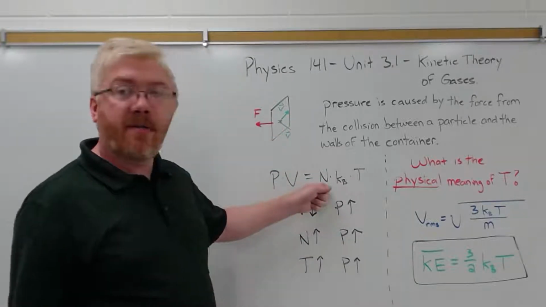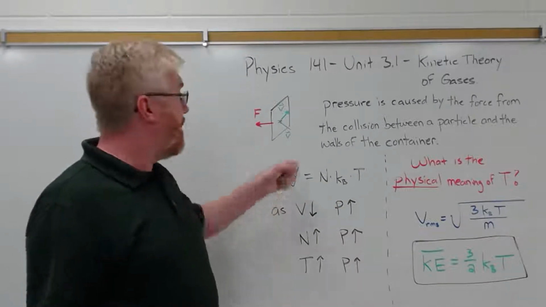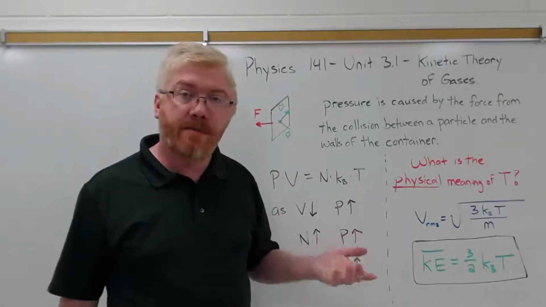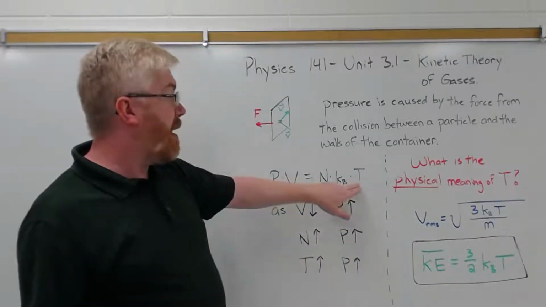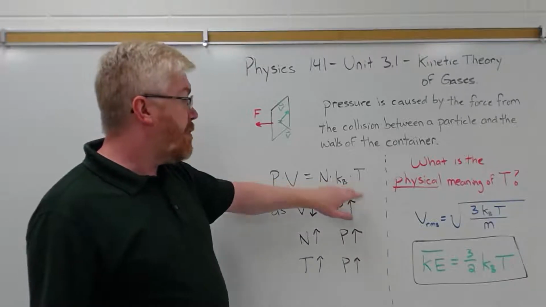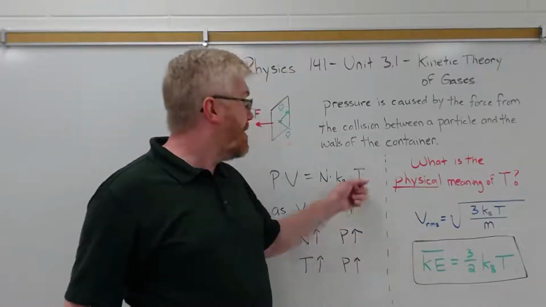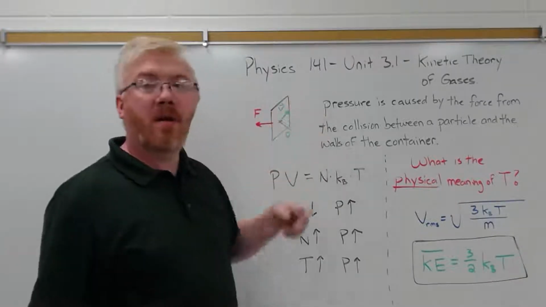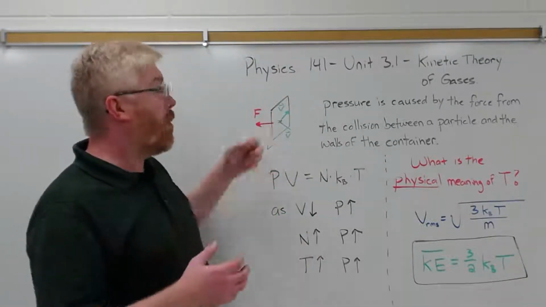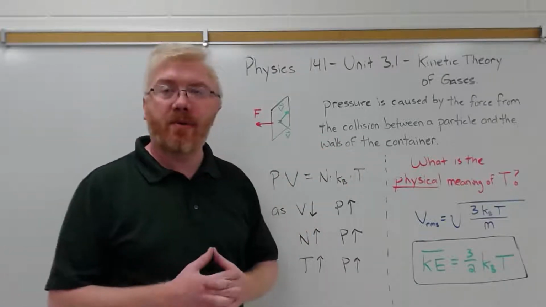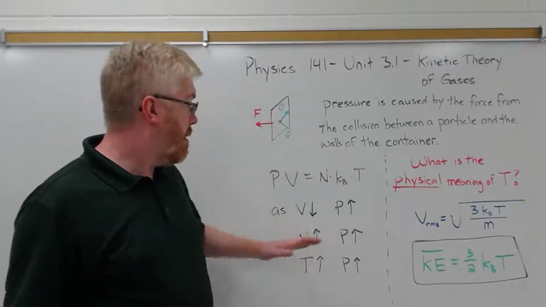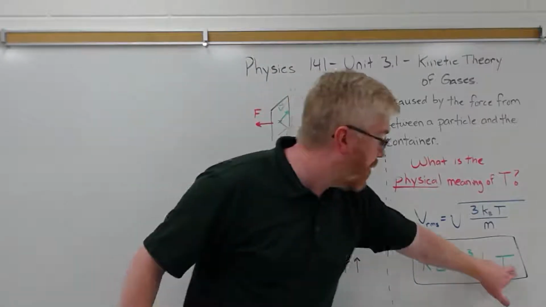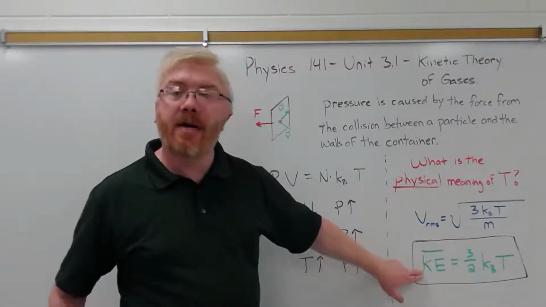Double the number of molecules, you double the pressure because you double the number of impacts. Temperature, on the other hand, is related to the kinetic energy. So as the temperature goes up, the kinetic energy of these particles goes up, smashing into the wall, transmitting more force, more energy basically to hold those walls up. So temperature is related to the average kinetic energy of molecules.